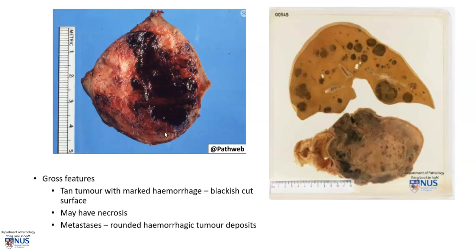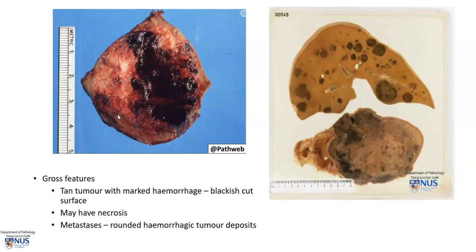So grossly, we can see a tan tumor with very marked hemorrhage, and hence these tumors often have a blackish cut surface grossly or appear dark brown. There may be areas of necrosis, as we have seen, and even in the metastases we have very hemorrhagic tumor deposits.